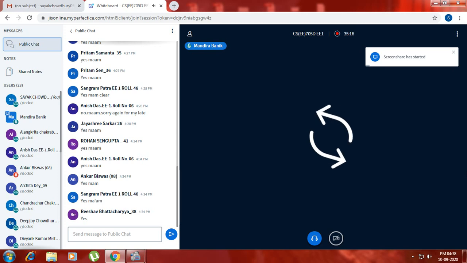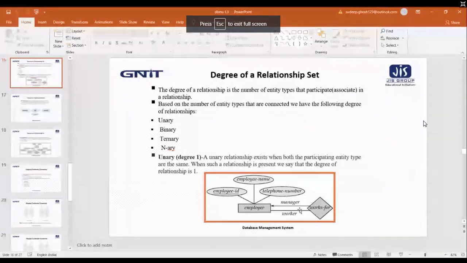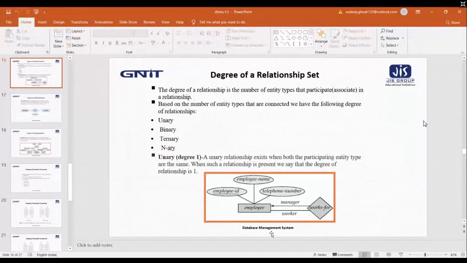You can see here, a recursive relationship is represented as a unary relationship where the degree is 1. Why is the degree 1? Because in this relationship the number of entity types participating is only 1, that is employee. That's why it is also called a unary relationship.